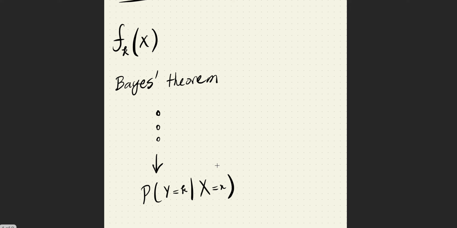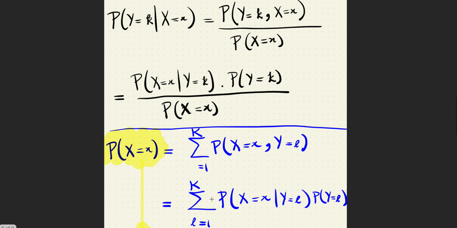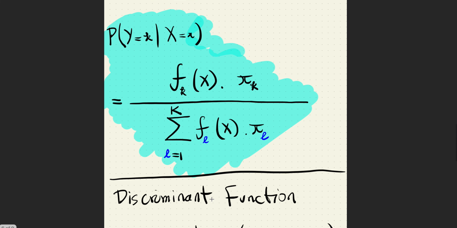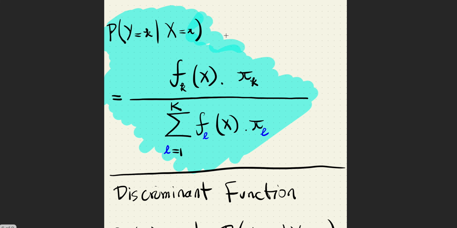We use the Bayes theorem to come up with the conditional probability of y given x. That's the whole objective. And if you do the math, this is the key formula, or key relationship we have. This is the distribution within each class, and this is the probability that we see any of the responses.